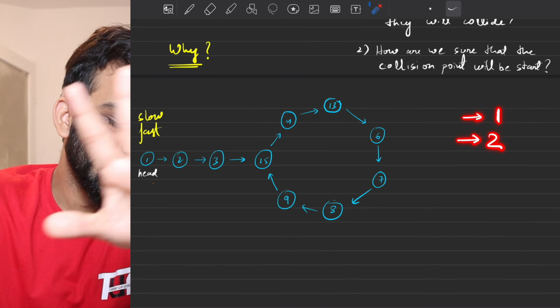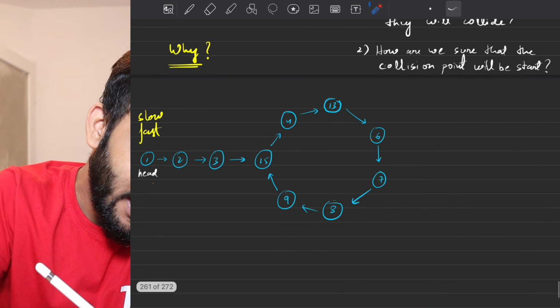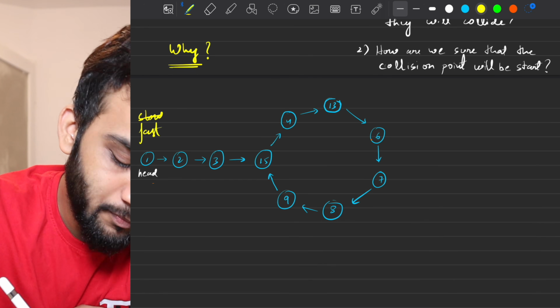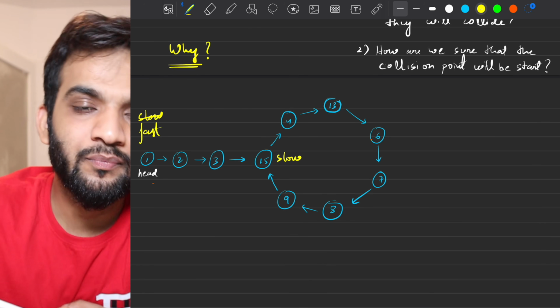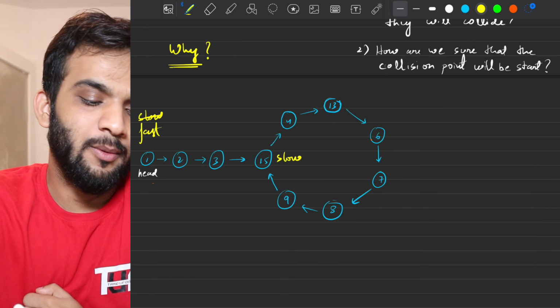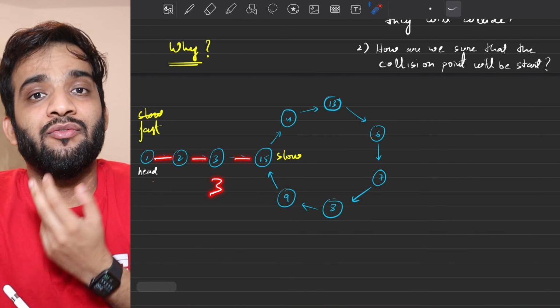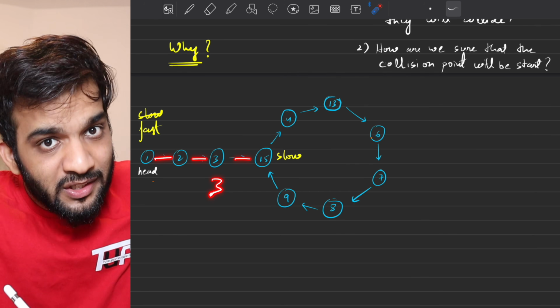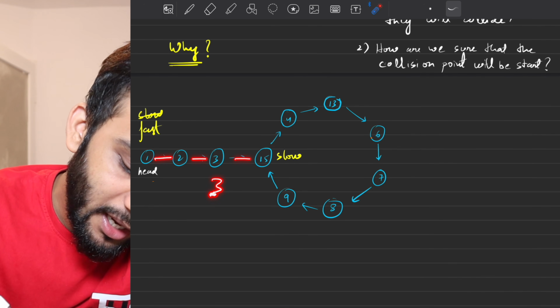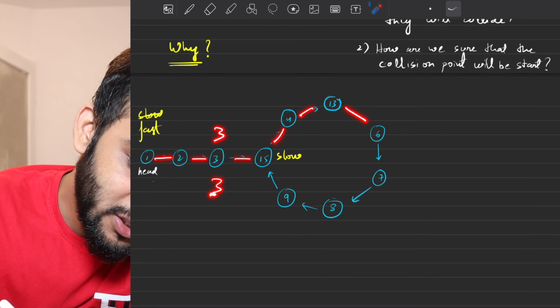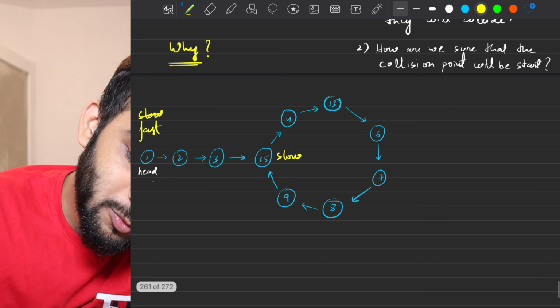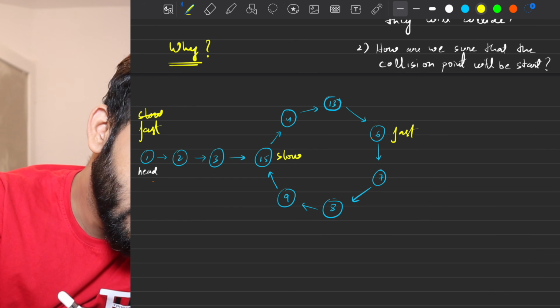So whenever slow is here, where will fast be? Slow is at a distance of 3, so fast will be at a distance of 6, twice. So it'll be 3 plus 3, and the fast pointer will be somewhere here.